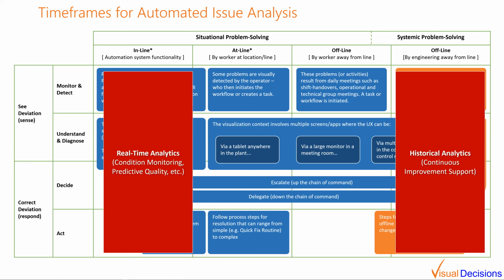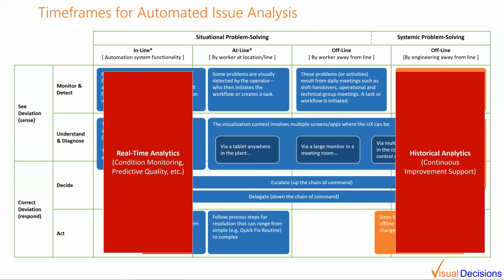We can sense that pressure drops below a normal level, and the system can automatically identify what normal means, and then identify the fact that we've dropped below that. The system is able to bring it to people's attention, even automatically create work orders for maintenance, and get people's attention on that problem right away.